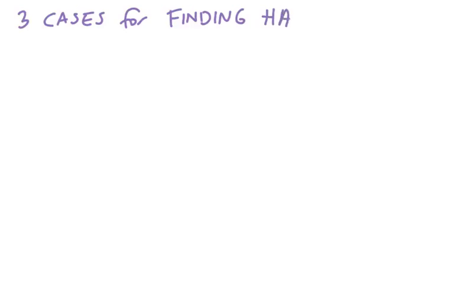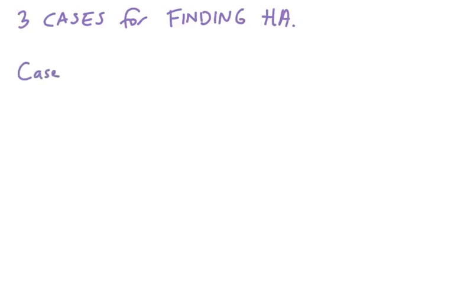All right, so it turns out the horizontal asymptotes have to do with the power in the denominator as related to the power in the numerator. So 3 cases for finding these horizontal asymptotes. And the order of the cases doesn't really matter, so I'm just going to list them off as case 1, 2, and 3.